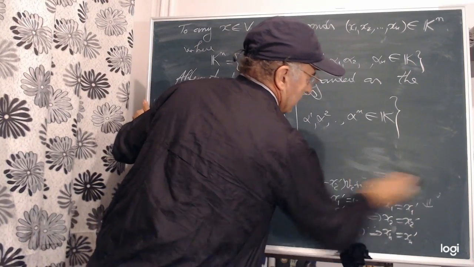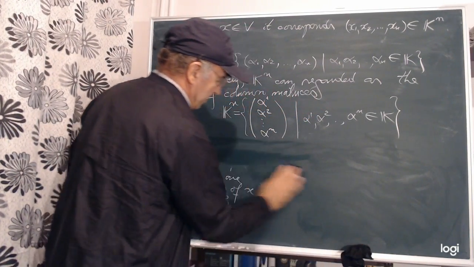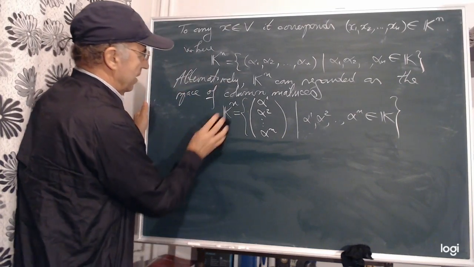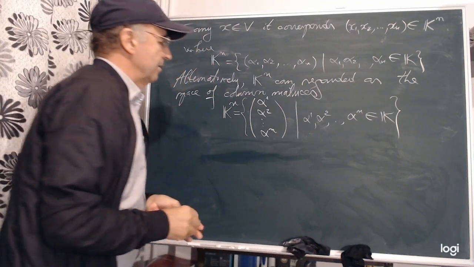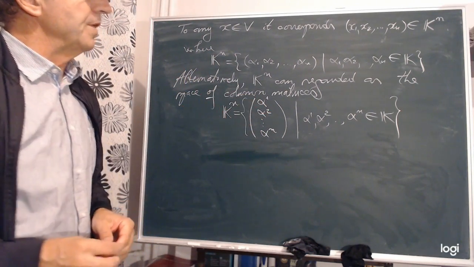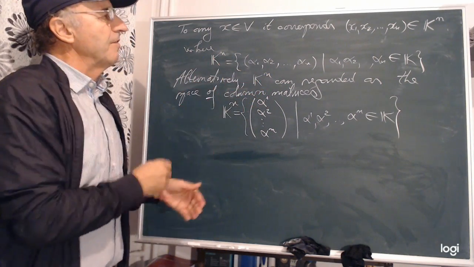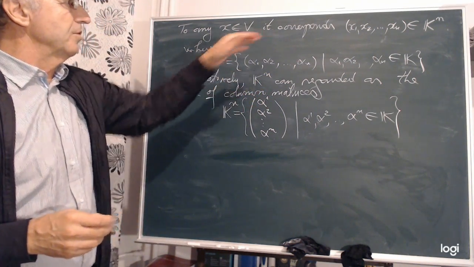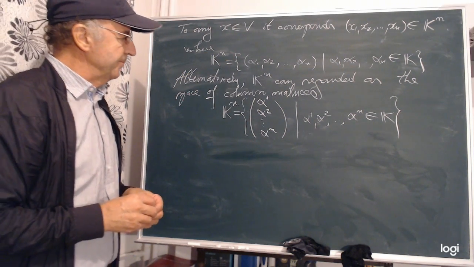And this notation, this way to describe Kn, is useful when we take into consideration the change of the basis we use in order to describe our vector space.